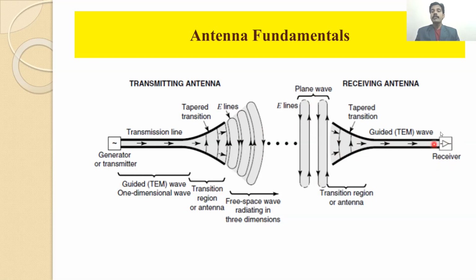At the end of the receiver, we are able to place our receiving devices like mobile phones, radio, etc. So this is your receiving antenna, and this is your guided medium, simply called the guided wave, or TEM wave, the transverse electromagnetic wave. So an antenna, either transmitting or receiving, should be capable of transmitting and receiving radio waves.